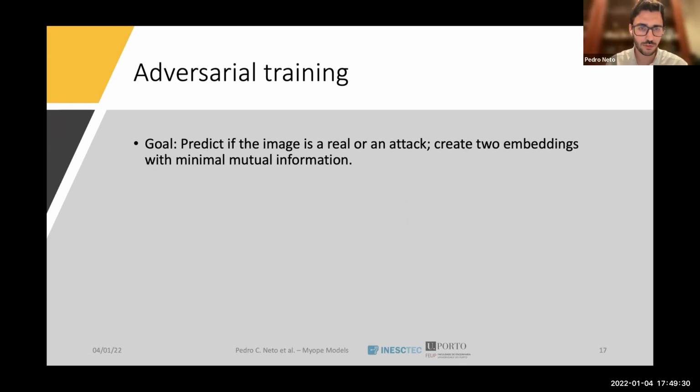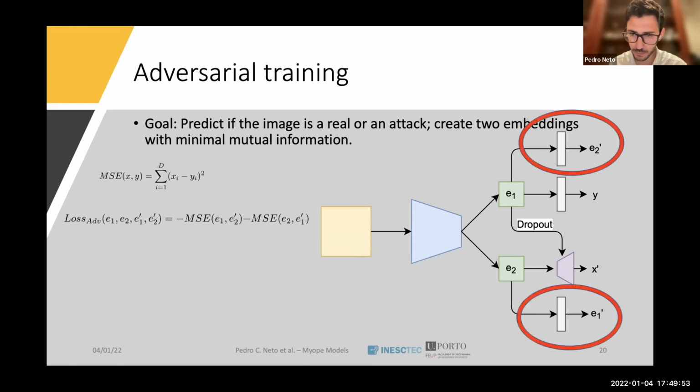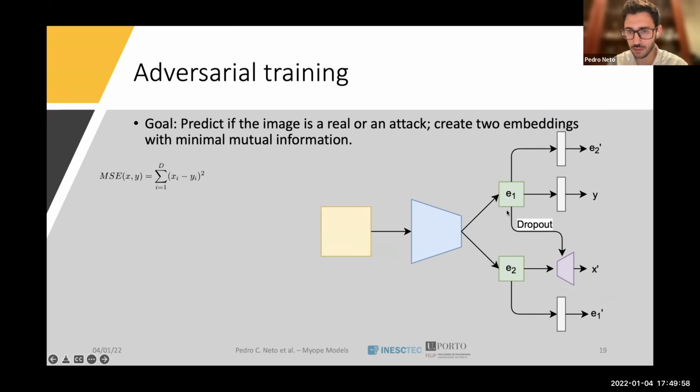Also, we approached this from an adversarial perspective. Since we are adding information with the addition of the background, we aimed at using an approach that creates two embeddings and minimizes the mutual information between them. One is trained for the classification task, and the other is trained for reconstruction.